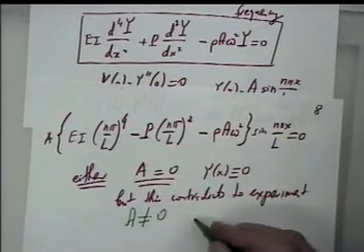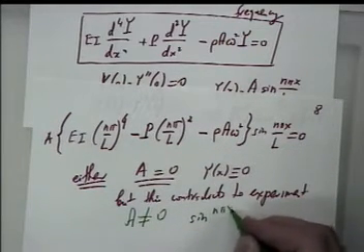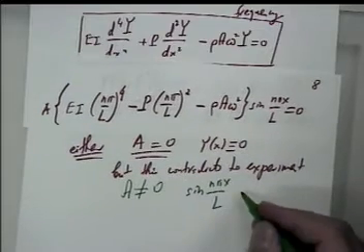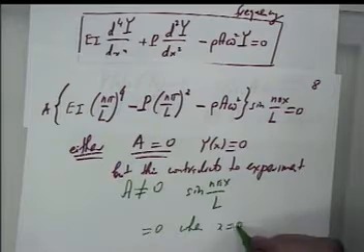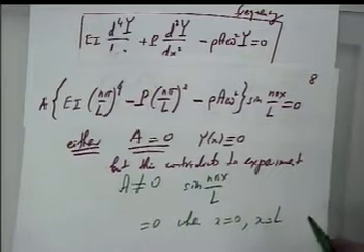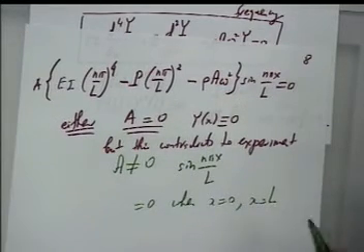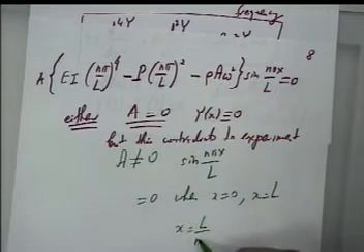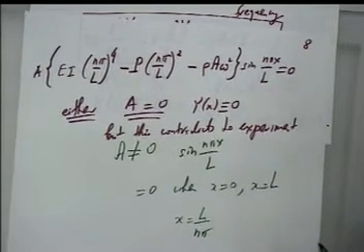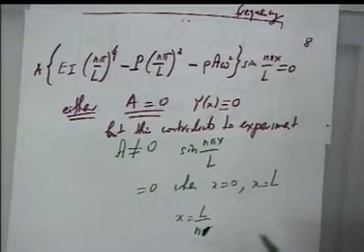Now, sine n pi x over L equals 0 when x is 0, x is L, and also when x equals L over n.